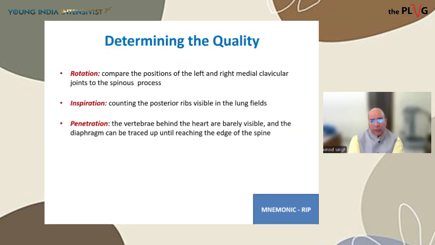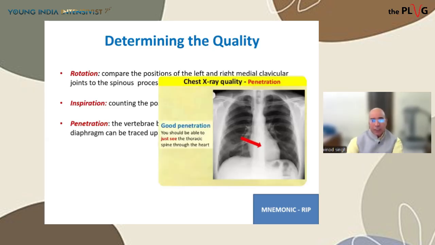Now, determining the quality in AP view is very difficult, but you should actually try to assess: is there any severe form of rotation? Is it an inspiratory film or an expiratory film? What is the type of penetration? What most people do is go for a RIP approach, that is rotation, inspiration, and penetration. That tells you something about the quality of the X-ray.